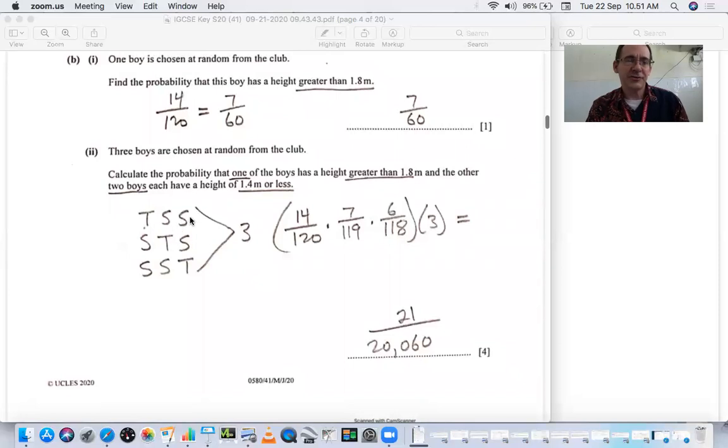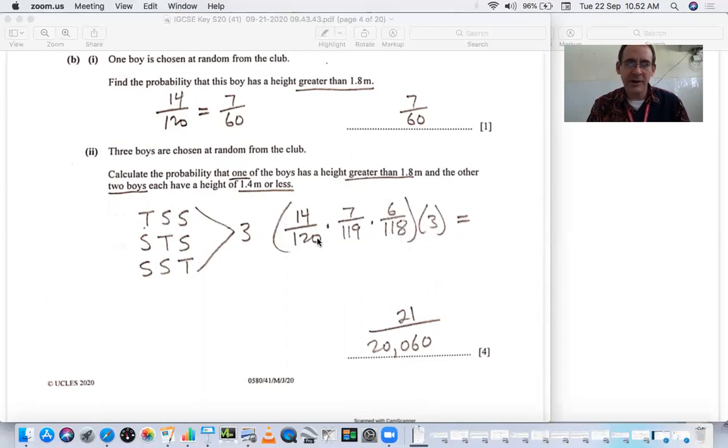If we just take this first pathway here, a tall one would be 14 out of the 120. Then that means there's only 119 boys left. There were 7 that were in that shorter category, so 7 out of 119 would be the probability for the second. And then the third one, there's now only 118 boys left, and there's only 6 left for that shorter category.